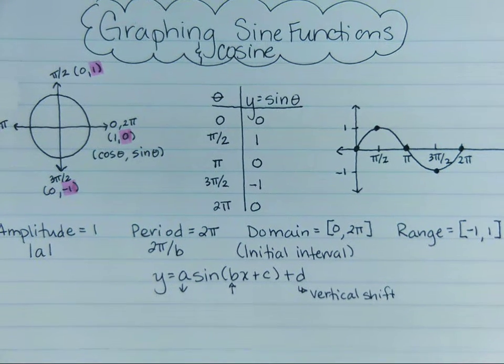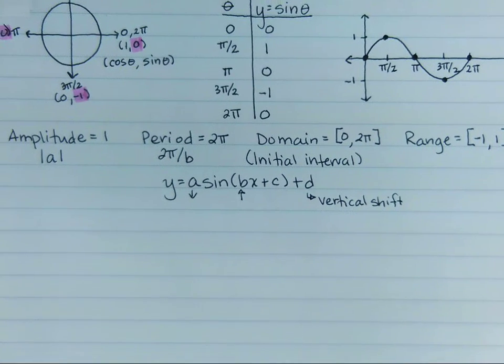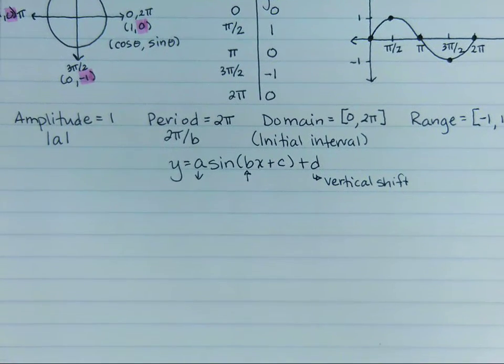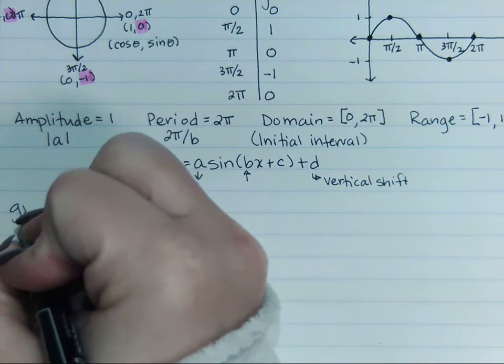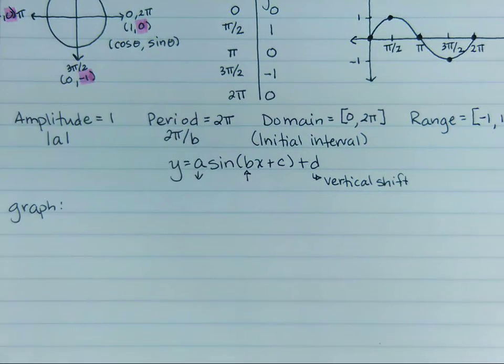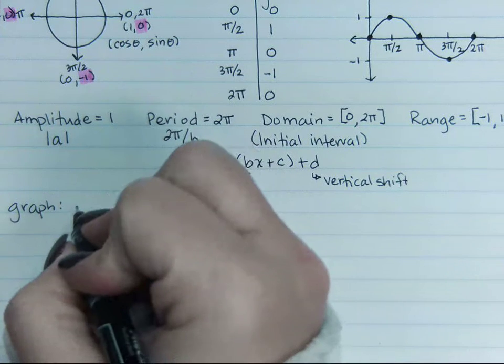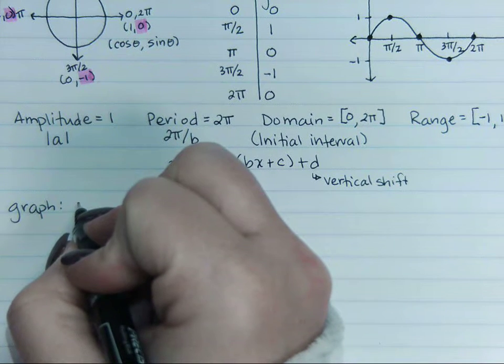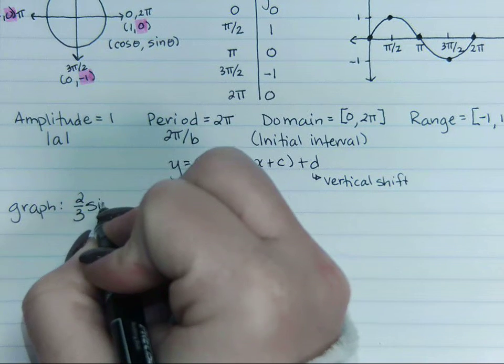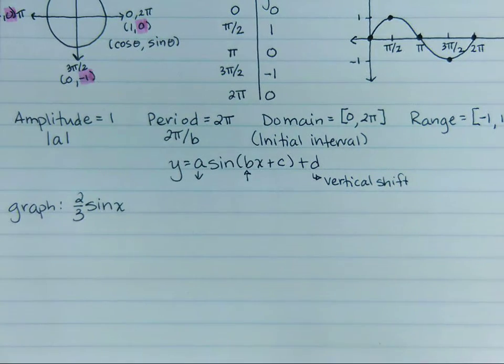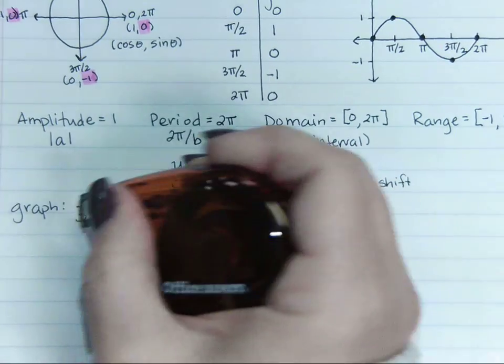So let's look at a couple other sine curves, and we're going to need this chart up here. So let's graph, for example, I want to be able to graph, let's just change the amplitude. For example, let's write this as 2/3 of the sine of x. Let me rewrite that.